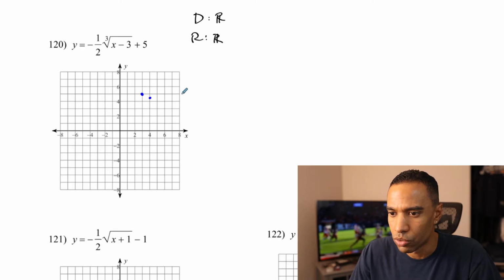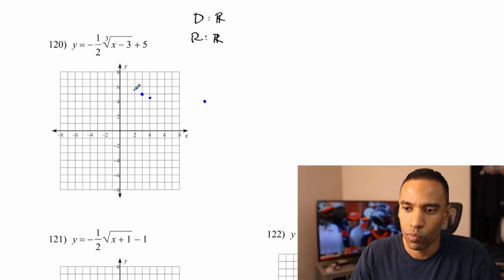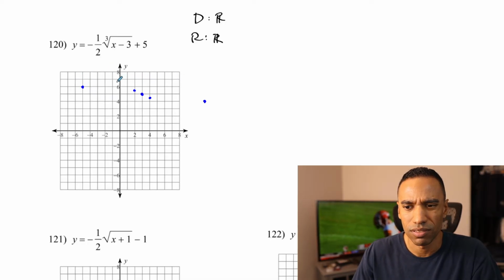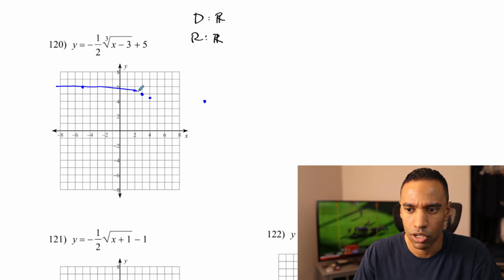Instead of 8, 2, it's going to be 8, 1, down. 1, 1/2, and 8, 1. Like that. A lot skinnier. Or a lot wider? Shorter? Vertically compressed is the proper terminology for that.